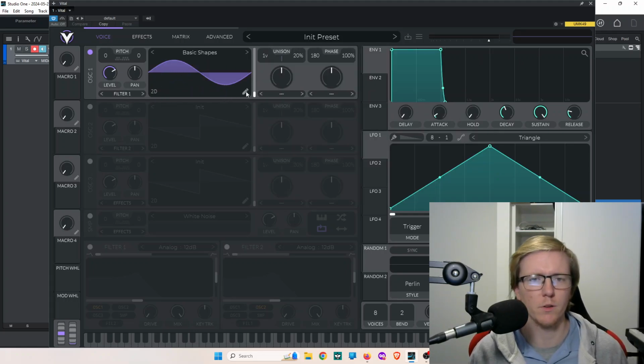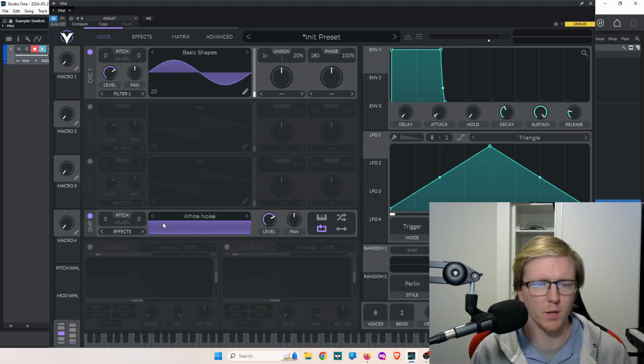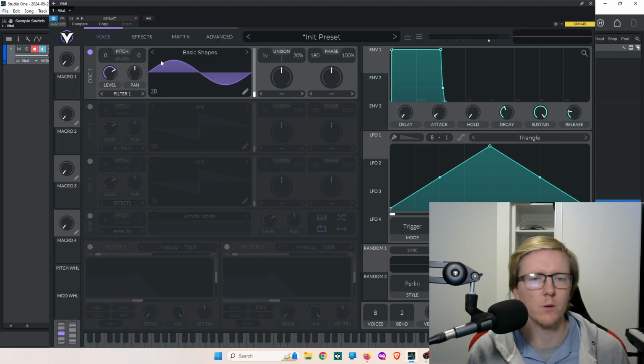These are just our basic analog waveforms. We've got a sine wave, we can go through to a saw wave or a square. We have some other options there too. Vital also has up to 3 oscillators, and we also have a sample player here that can just play back audio samples.